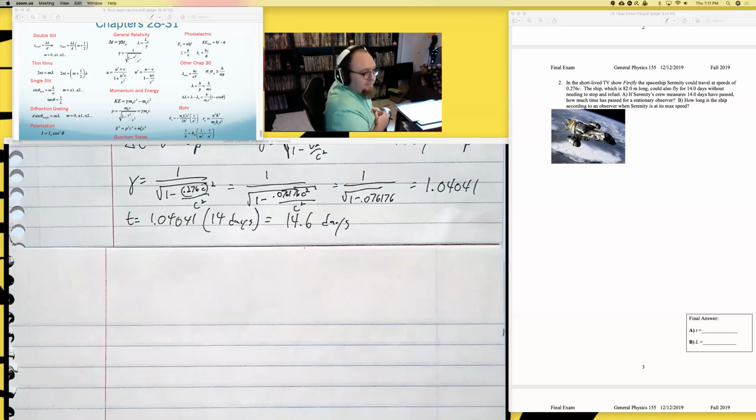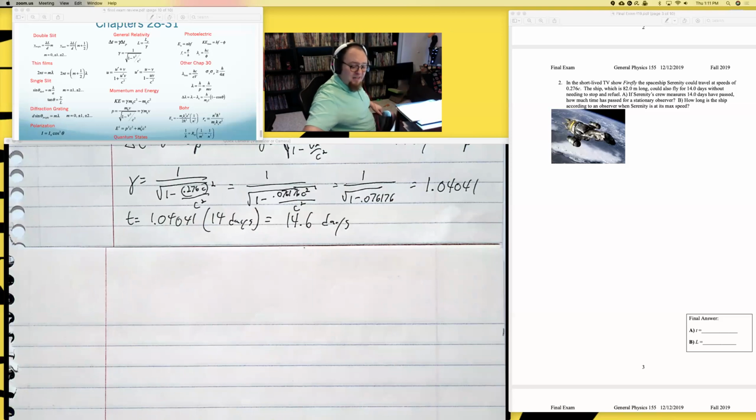But part B, how long is the ship according to an observer? Okay, length of the ship is how long the ship is when it isn't moving. I said the ship is 82 meters long. I didn't say it's 82 meters long at some speed. I just said it is 82 meters long.